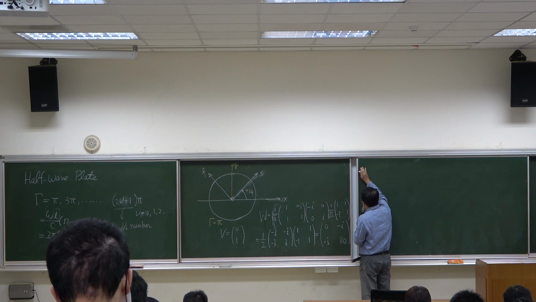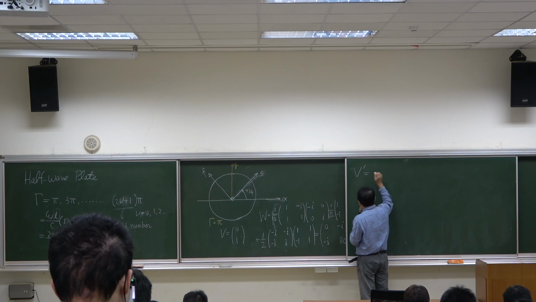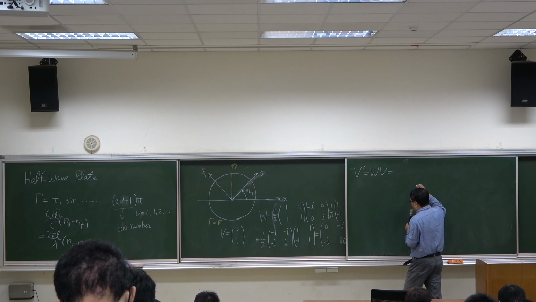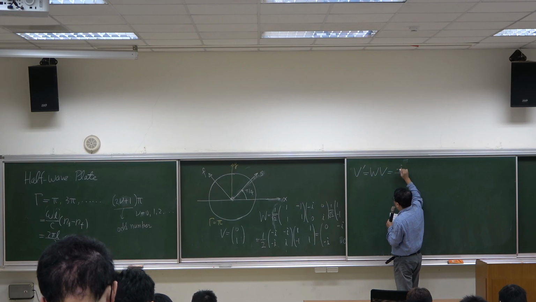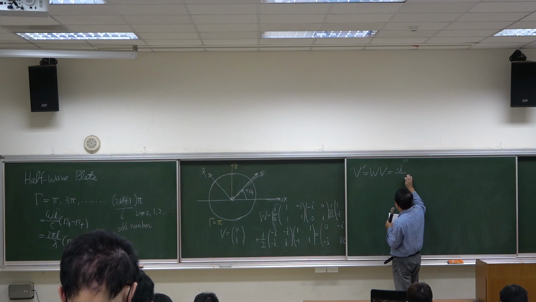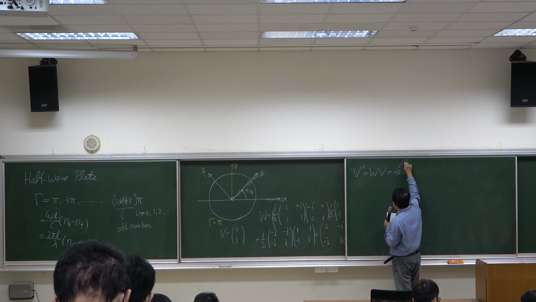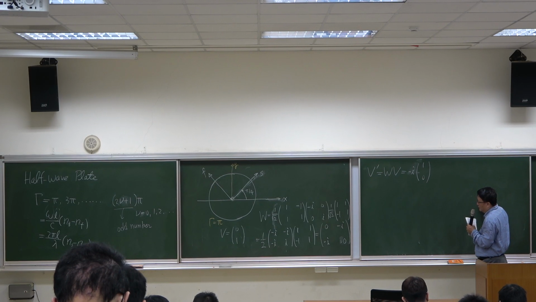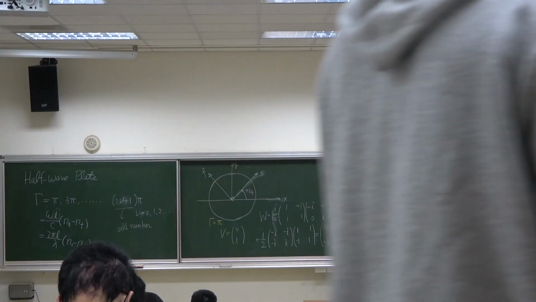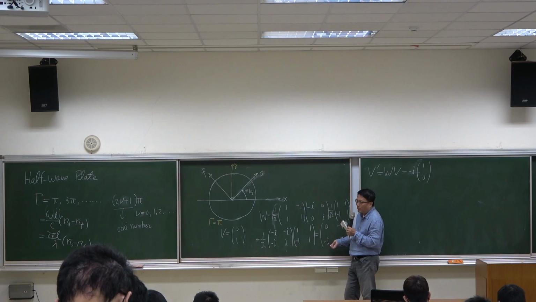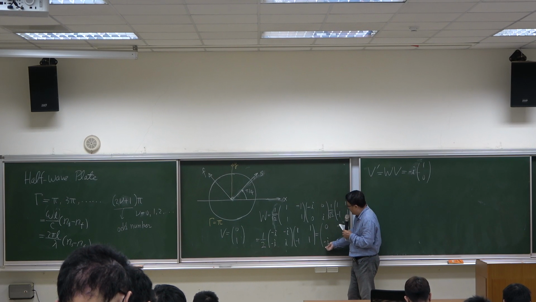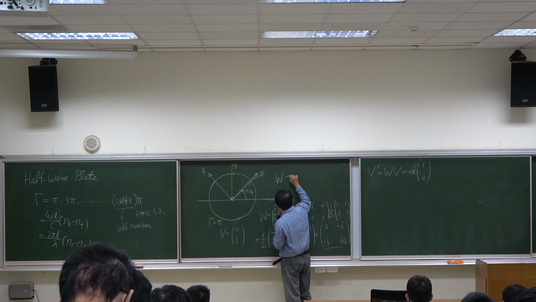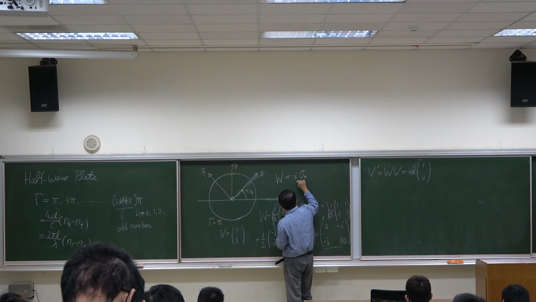So you can find V prime by multiplying W with V. And this is equal to minus i times (1, 0). You may recognize that this matrix is nothing but minus i times sigma x.